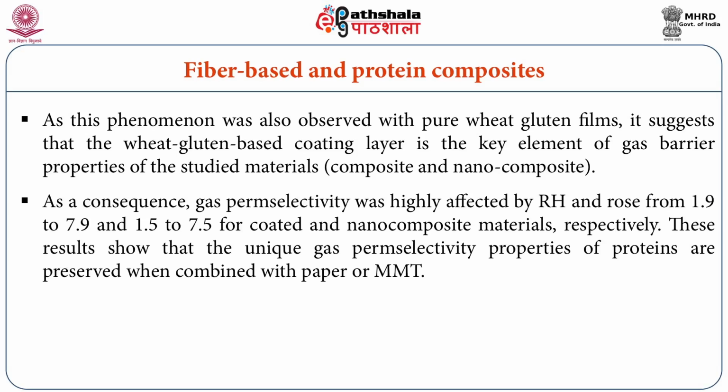As a consequence, gas perm selectivity was highly affected by RH and rose from 1.9 to 7.9 and 1.5 to 7.5 for coated and nanocomposite materials respectively. These results show that unique gas perm selectivity properties of proteins are preserved when combined with paper or MMT.